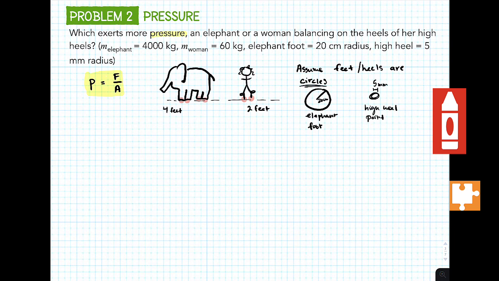So circles, that's an assumption that we're making. We also assume that elephants have 4 feet and women have 2. So in order to consider the pressure, we need both force and we need area. So let's start with the elephant.